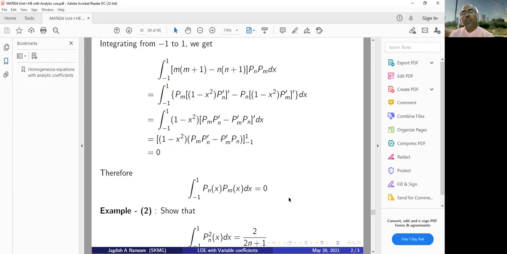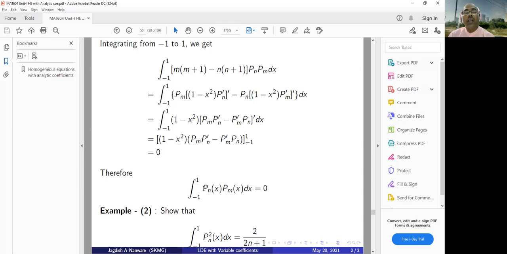And if we put n is equal to 2 here, the degree of the polynomial, this formula gives the integral of that 3 by 2 x square minus half, its square, between the limits minus 1 and plus 1, is this number 2 upon, n is equal to 2, so this is 4 plus 1. So 2 by 5 is the value of the integral of that Legendre polynomial of degree 2 with its square between the limits minus 1 and plus 1.